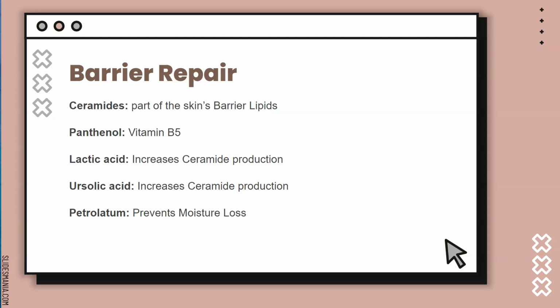And petrolatum, which I also consider as an active because it prevents moisture loss way more than any other emollients out there. And if you keep your skin moist and hydrated, then you can prevent further barrier damage.